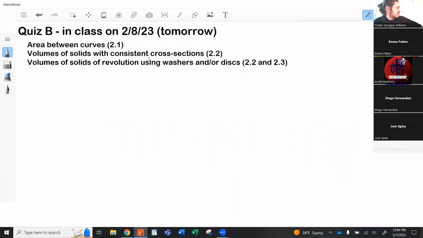The other stuff we've been doing lately, since our last quiz, would include techniques of integration. So things like trig substitution, partial fraction decomposition, and numerical integration. I don't think I'm going to put any numerical integration on this upcoming quiz. If we want to do any trig substitution, I would maybe incorporate that into an area question.